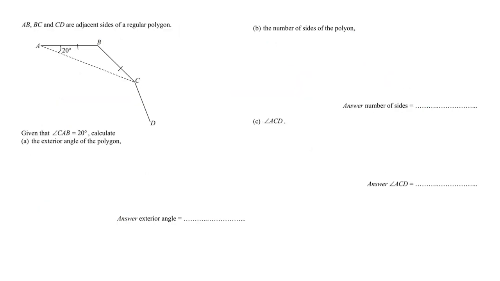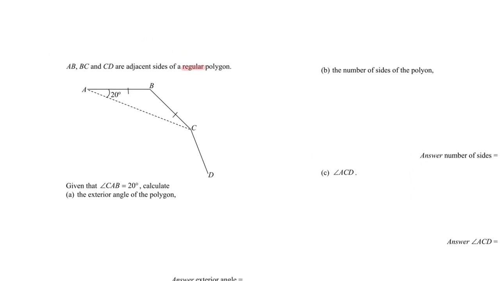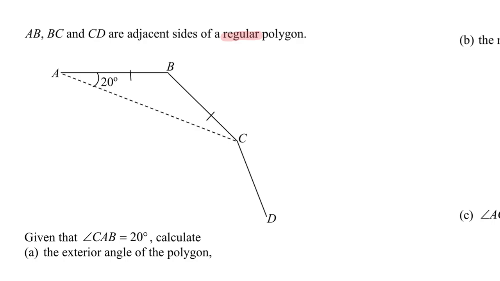Hello everyone, welcome to this problem where we are given AB, BC, CD are adjacent sides of a regular polygon. So I'm going to zoom in now. Regular polygon simply means that they have equal sides and equal angles. The angles include interior and exterior angles.